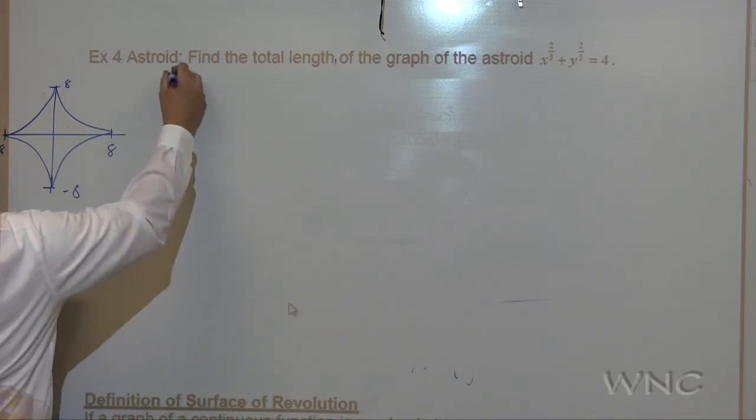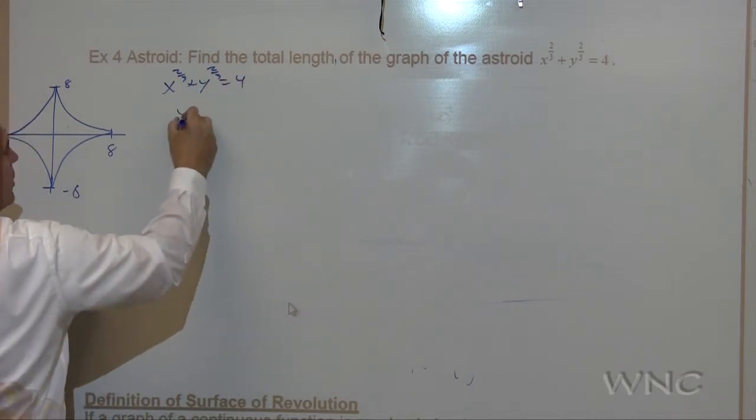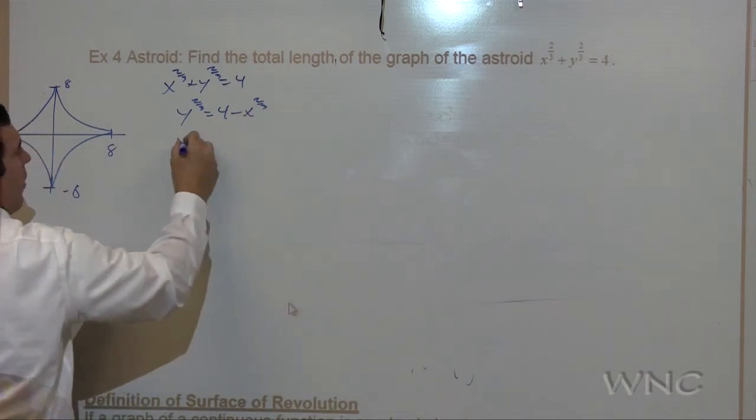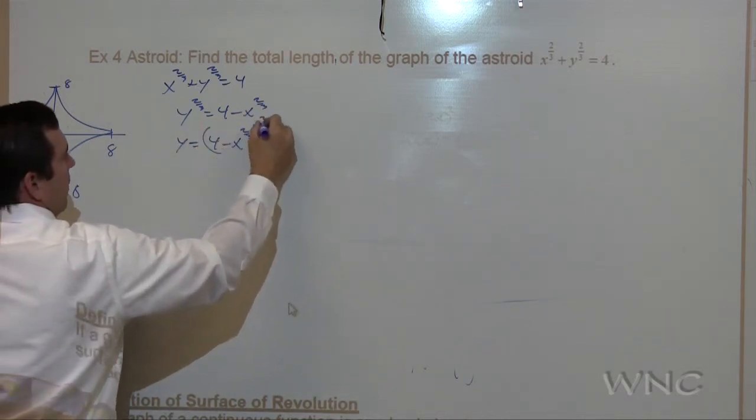So x to the 2/3 plus y to the 2/3 equals 4 means y to the 2/3 equals 4 minus x to the 2/3. So y equals the quantity 4 minus x to the 2/3, to the 3/2.